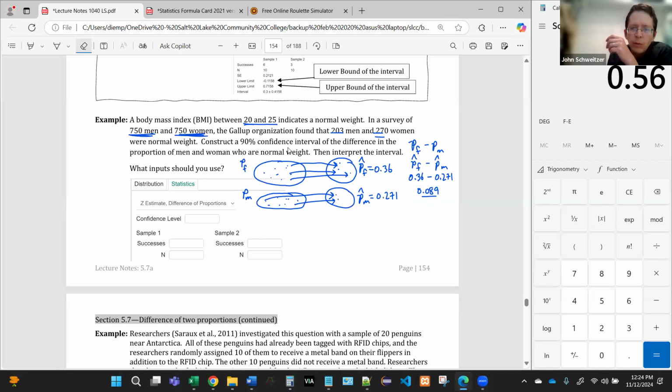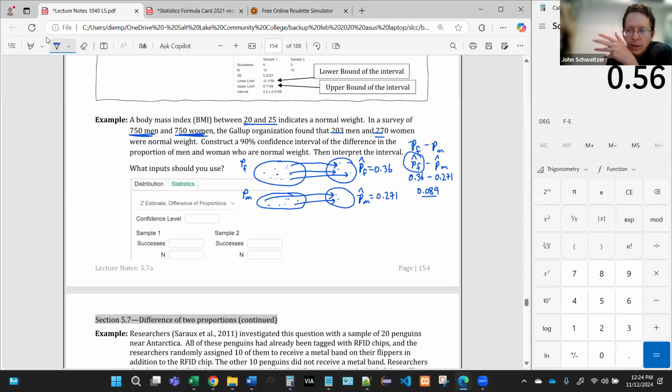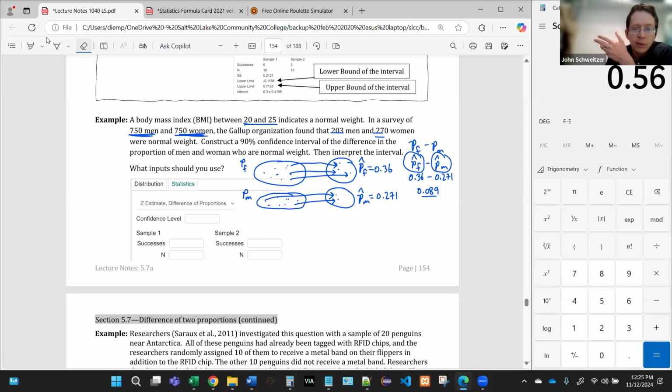So how would we know? Well, we would need a distribution, right? And it turns out that we can use the normal distribution here. Why is that? Well, mathematical statistics theory says if you have a variable that's normally distributed, like say PF hat, and in chapter 3 we talked about why that would be normally distributed, and you subtract another normally distributed variable, we can't prove it in this class, but it is true that a difference between two normally distributed variables is also normally distributed.